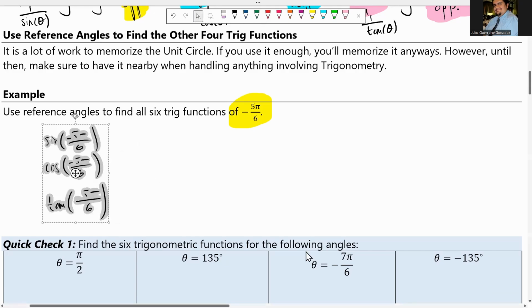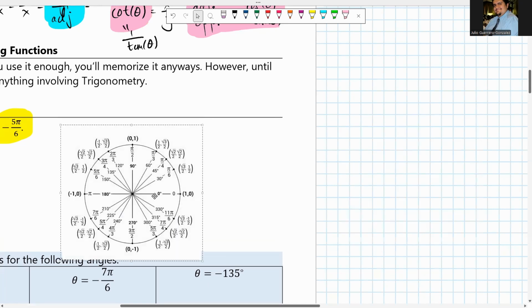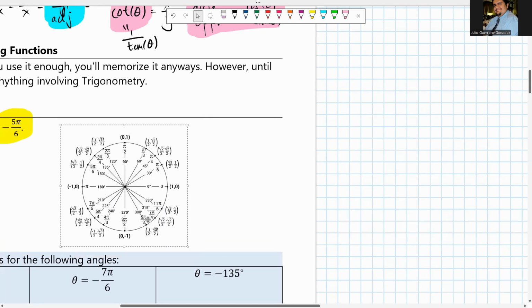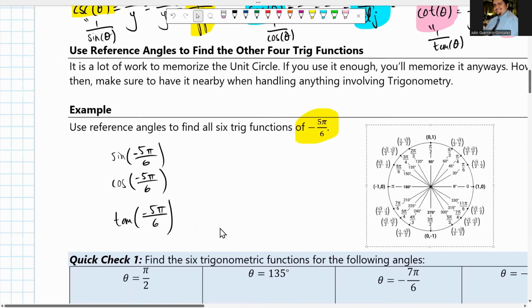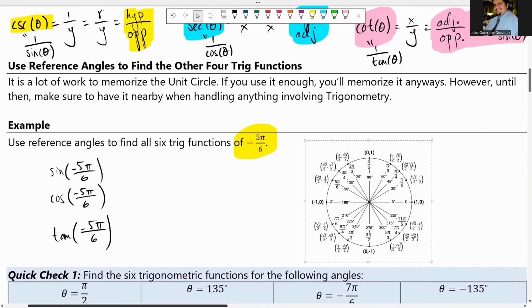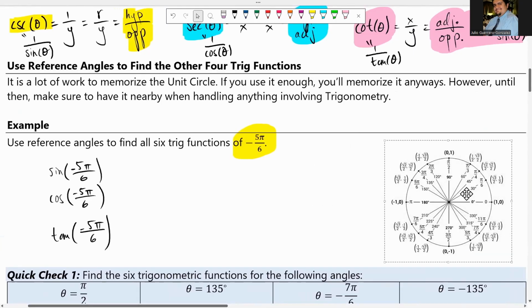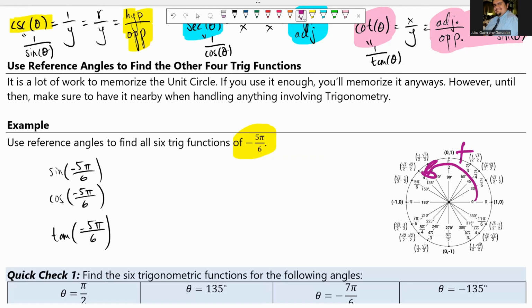What I'm going to do is bring a unit circle in. There we go. So here we go. We want our angle negative 5 pi over 6. Remember how we did angles to begin with? If we go in this direction, that's positive, and if we go in the opposite direction, that is negative.